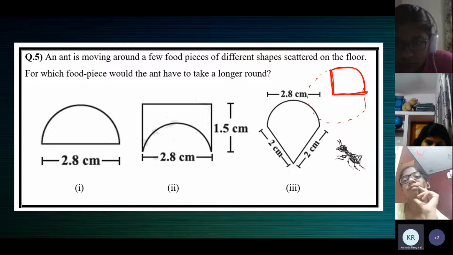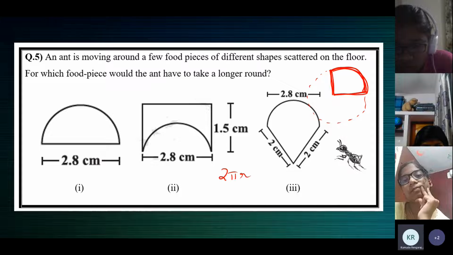This is an arc. The length of this arc will be, what is the total length of the circle or the perimeter of the circle? 2 pi r. The length of this arc will be 2 pi r by 4.